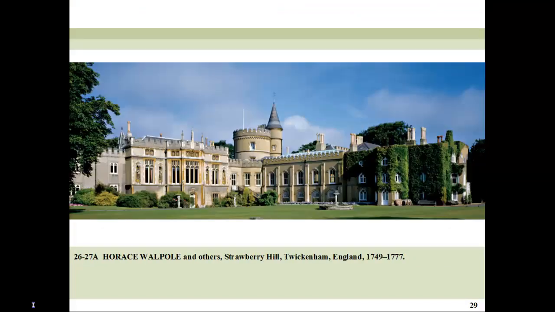But unlike France, where classicism ruled, the English embraced the revival of other historical styles more readily, of which Strawberry Hill is a shining example. The Gothic revival was spearheaded largely by conservative politician and author Horace Walpole, who decided to remodel his home in the Gothic manner.